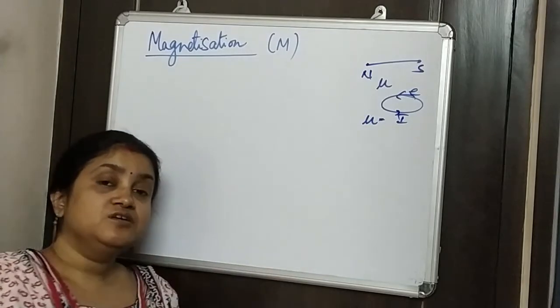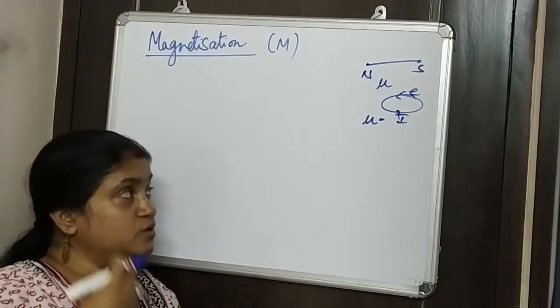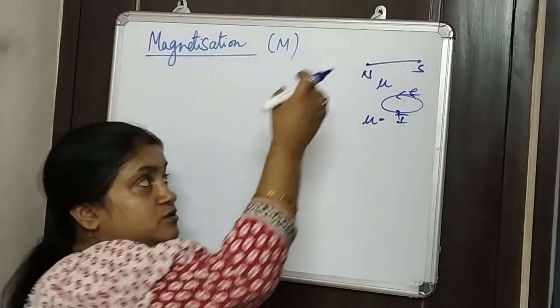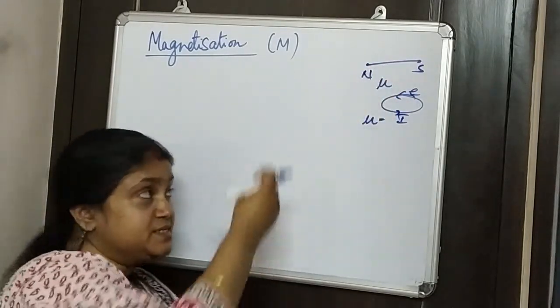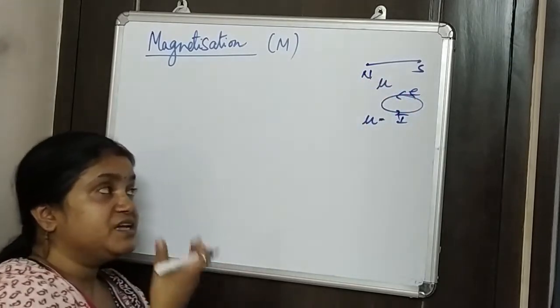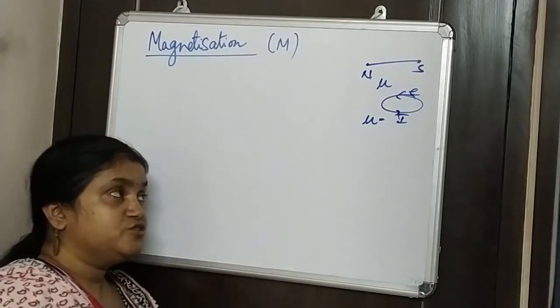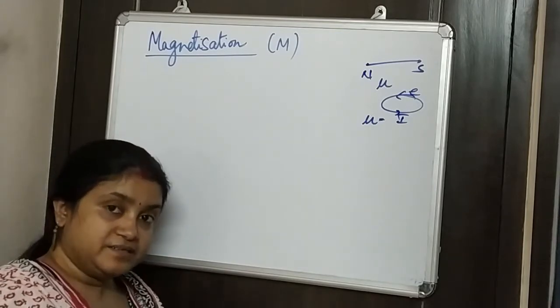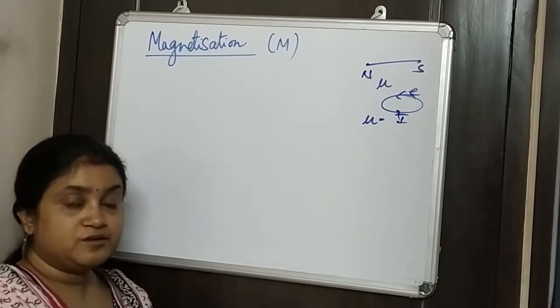So we have known about the magnetic dipole moments for atoms, right? Inside the atom, electrons are revolving and they also constitute the magnetic dipole moment. Now there are many atoms inside any particular substance.